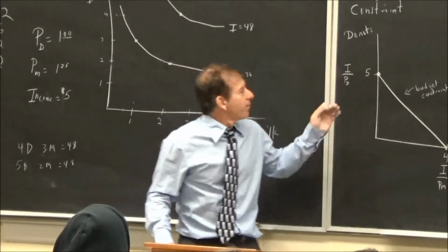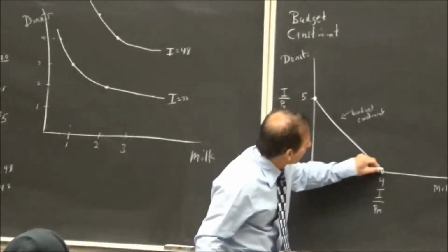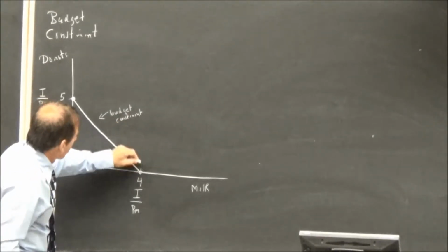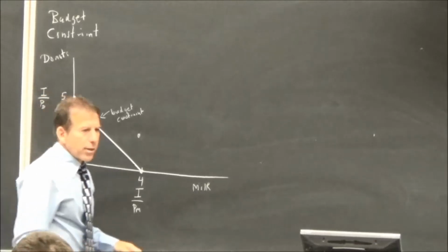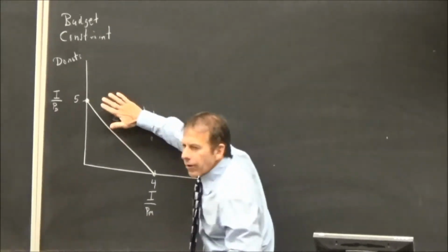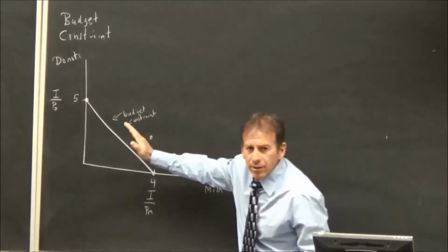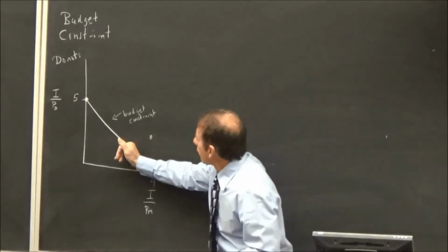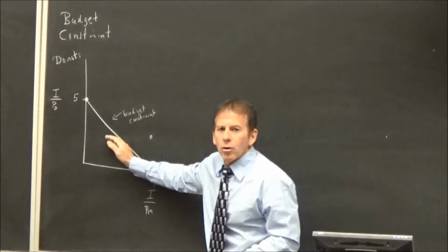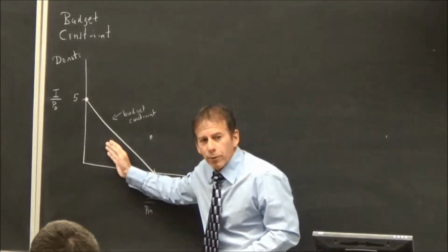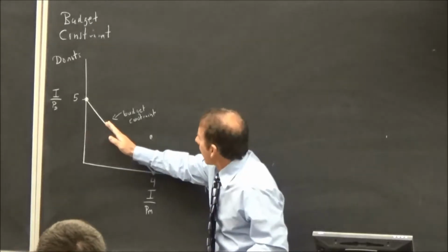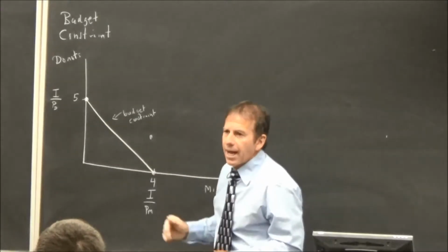So you couldn't afford out here. 4 donuts and 3 milks would be somewhere out here, and you can't afford any point out here. The only thing you can afford is a point on the line or a point inside the line. You can get anything in here, but any other combination out here you cannot afford.